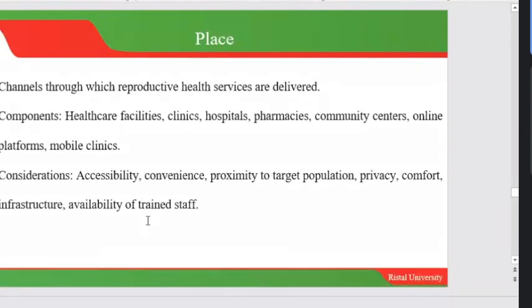So, the considerations: you have to be able to consider the accessibility, convenience, proximity to target population, privacy, comfort, infrastructure, availability of trained staff. So, when this comes to the aspect of positioning, how do you position your product?